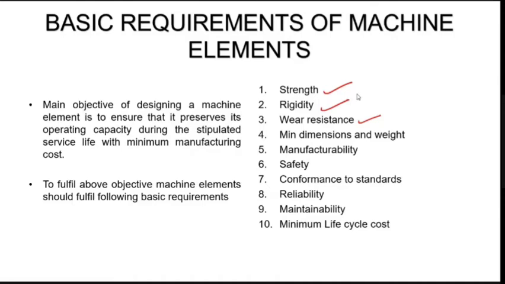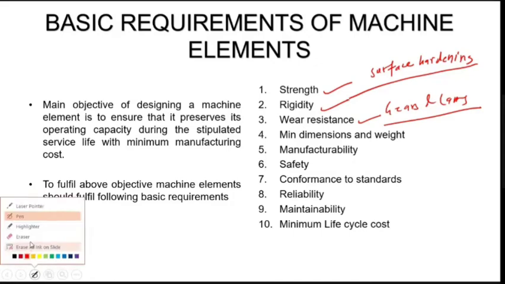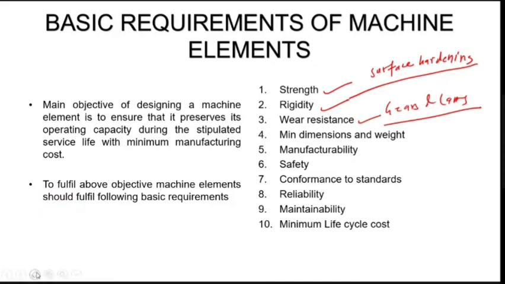You can take the example of gears and cams, where wear is large and you have to take care. There is one method called surface hardening. You have studied this maybe. Surface hardening normally increases the wear resistance. That is why in most components where wear formation is more, surface hardening is done. I will not go into much detail.